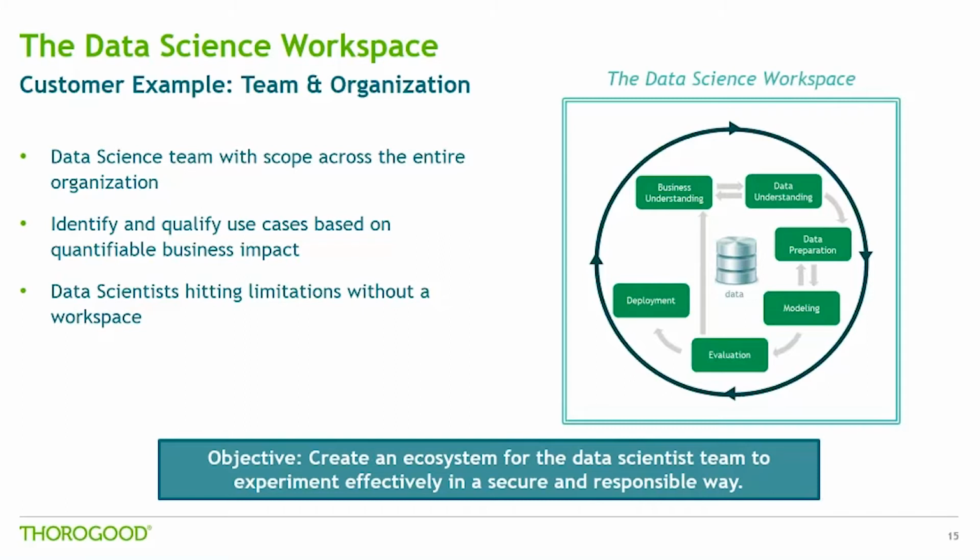And in this example, the data scientists were hitting limitations without having a central workspace for them to use. And that was across a variety of places, but certainly from a performance perspective, they were running into capacity issues. So the objective here was to create a workspace that allowed them to go through that life cycle, but also to do it in a secure and responsible way.